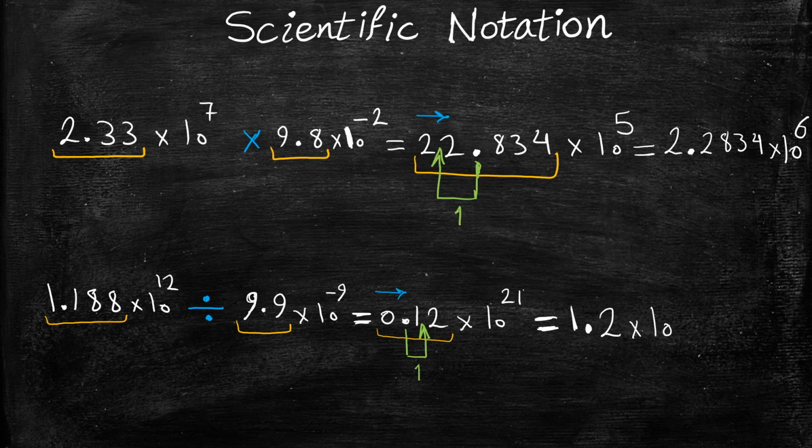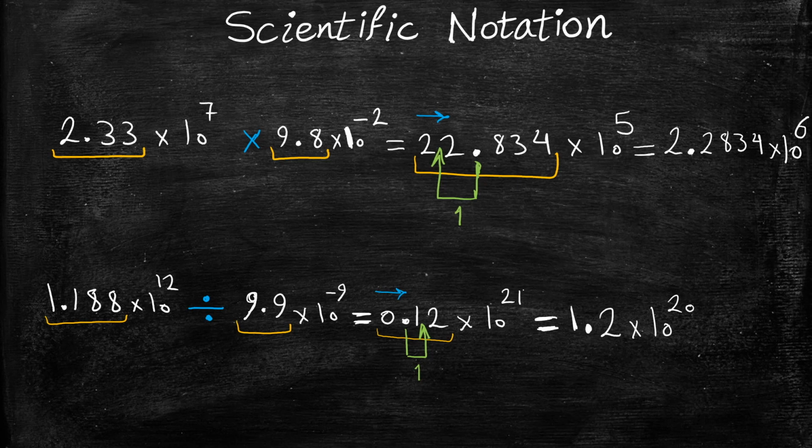So the number from 0.12 became 1.2. So the number became larger. So we have to make it up in the exponent of the 10. Since we shifted the decimal point to the right, that is, we made the number larger, now we make the exponent of the 10 smaller. So 21 minus how many positions we moved it to the right? 1. So 21 minus 1, that's 20.